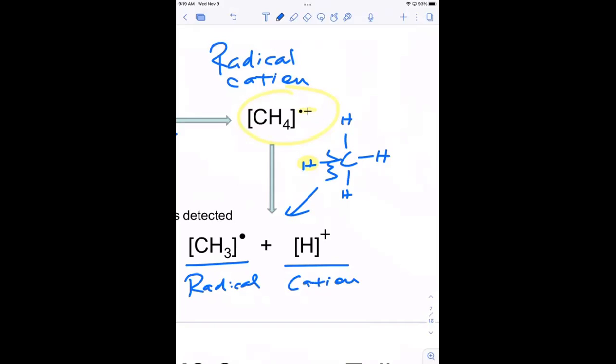So once the radical cation, let me put this in brackets, once the radical cation gets fragmented, whatever 2 pieces you get, one of them becomes the radical and one becomes the cation.